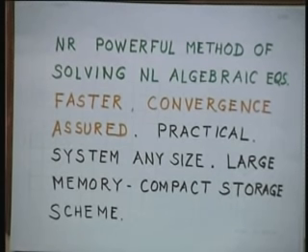There is no way that method won't converge once you use Newton-Raphson. It is a very practical method. System size can be anything, let it be 1000 bus, let it be whole country of size of India or former USSR or US, whatever, it will give you solution.